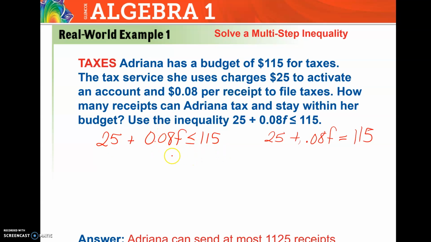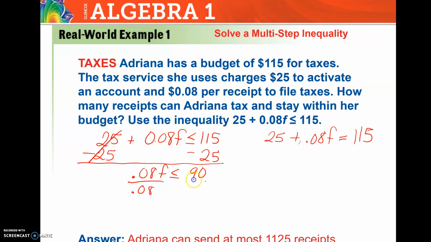I want to move it first, so subtract 25 from both sides. 115 minus 25 is 90. So I have 0.08f is less than or equal to 90. And then now I want to unattach that 0.08. So how many 8-cent receipts can we have?